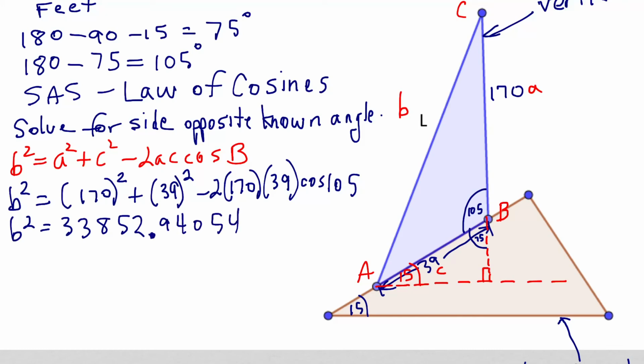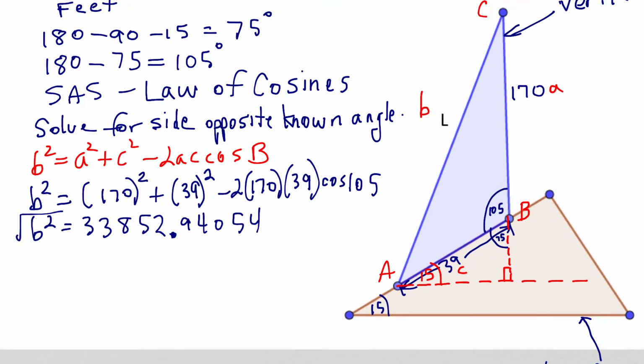So I'm keeping all those digits. So if I take the square root of both sides, that should give me side B, 183.9917. All right, so that's my side L.